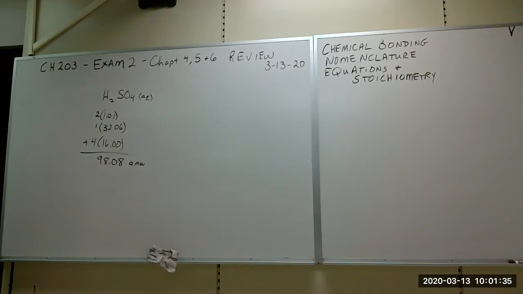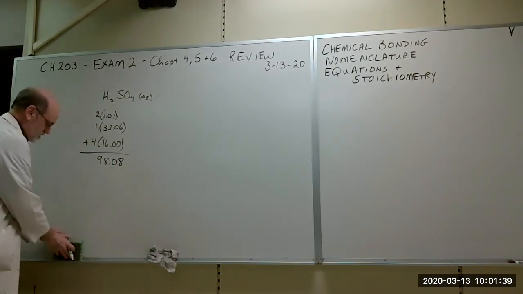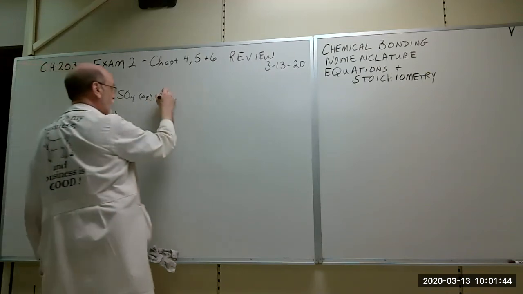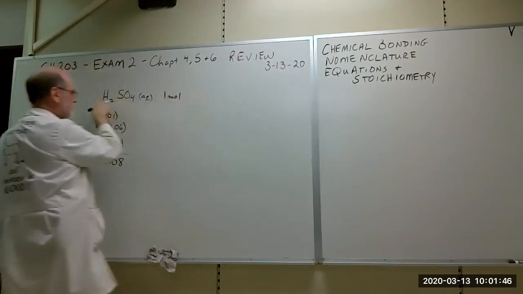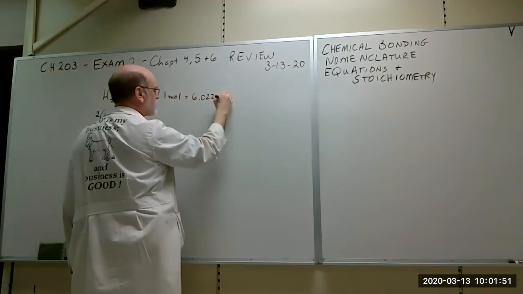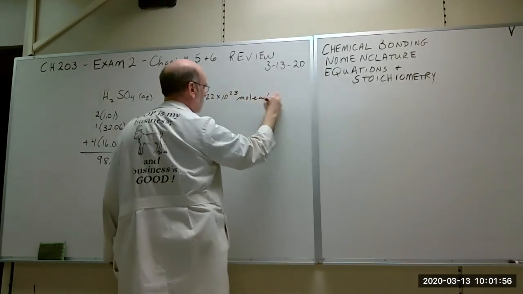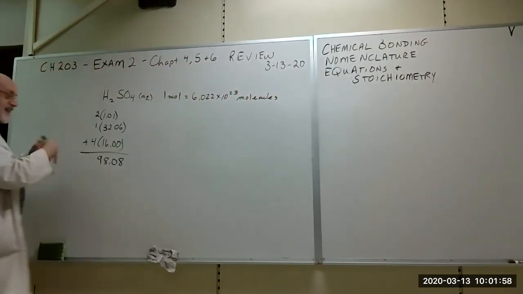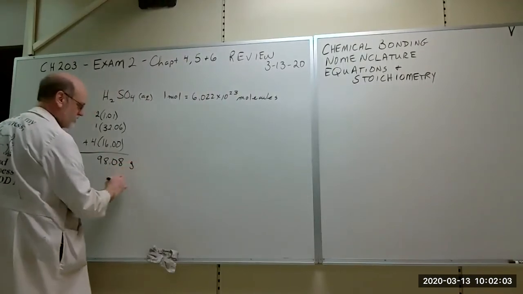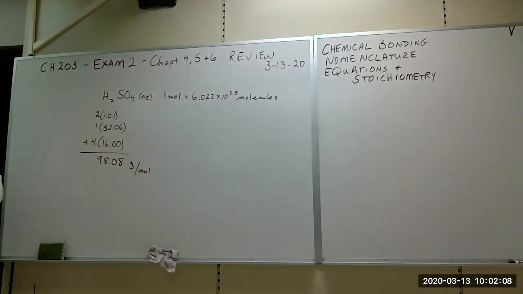But if you're talking about a mole of these, 1 mole of these formulas, which equals 6.022 times 10 to the 23rd molecules, then we can say this is grams for one mole.